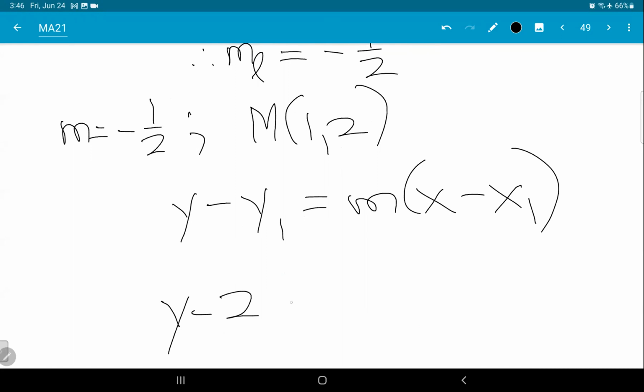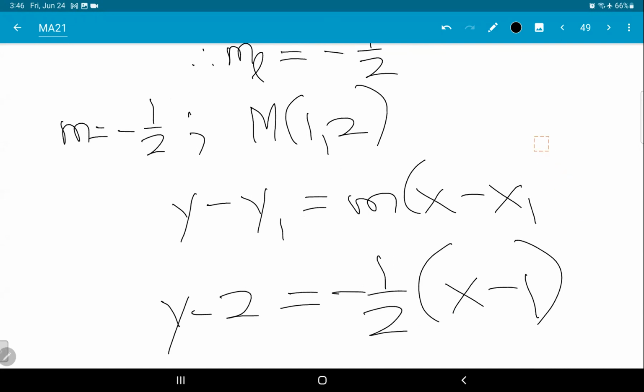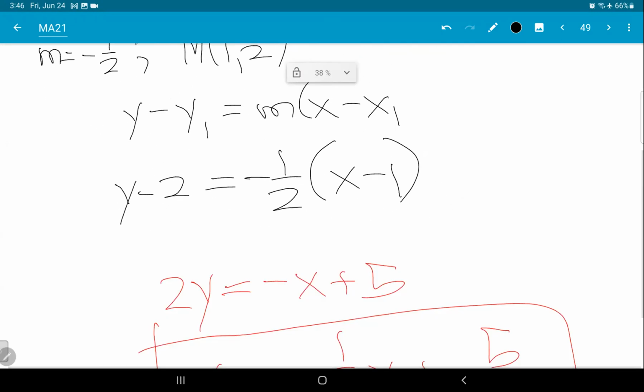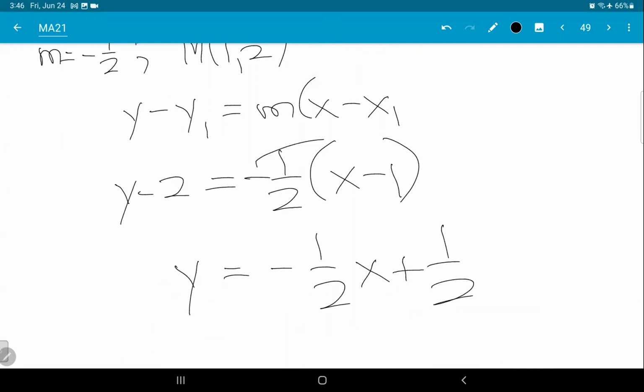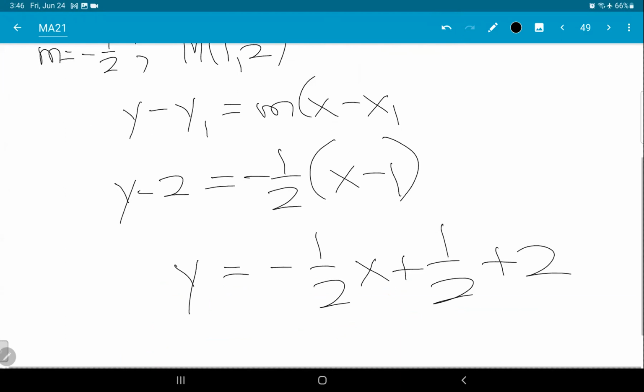Y minus 2 equals -1/2 times x minus 1. Let's check kung magpapareho. +1/2 na yan, then transpose natin si -2, pareho.